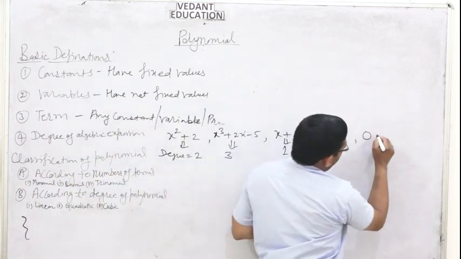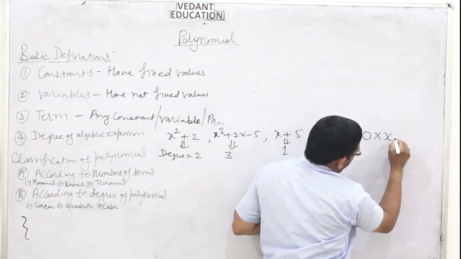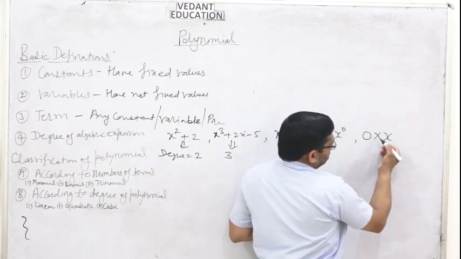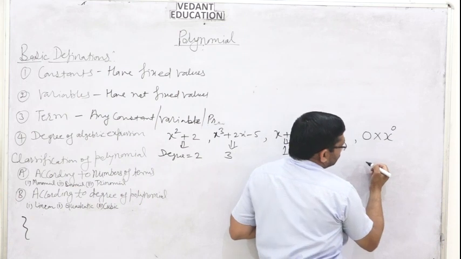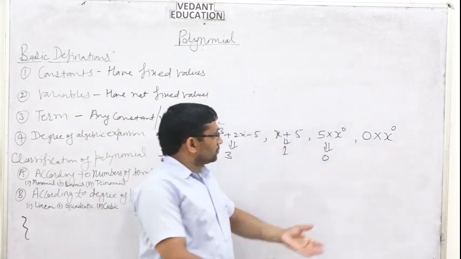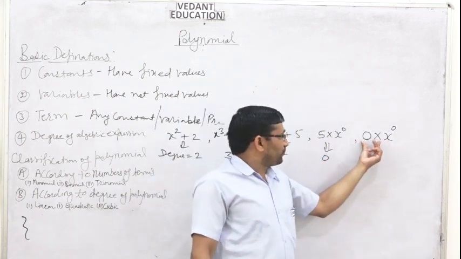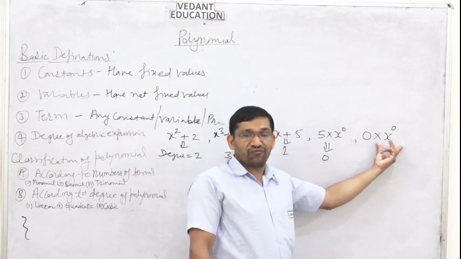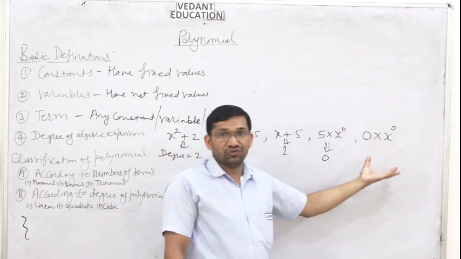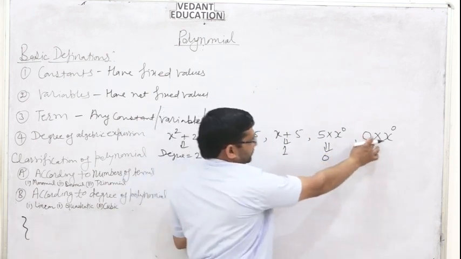Similarly, we can write 0 multiply x power 0. If we multiply 0 by x power 0, x power 0 is 1, and 0 multiply 1 is again 0. It means we can write in this form.